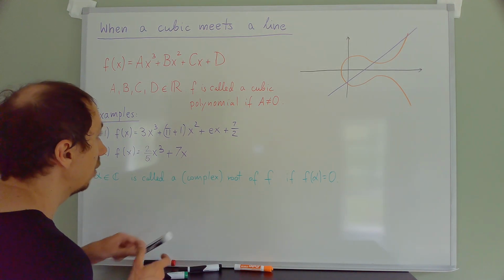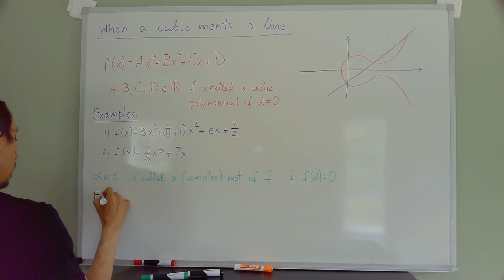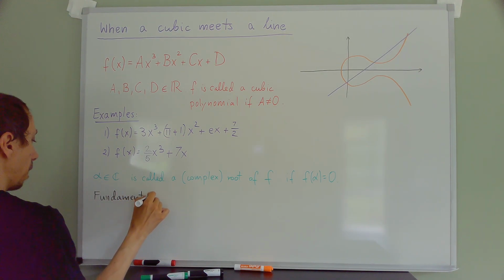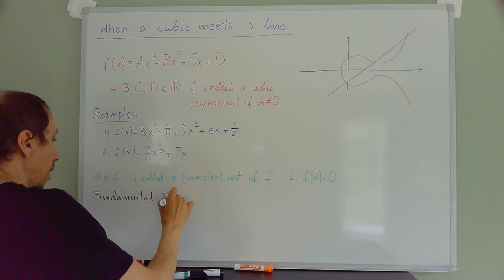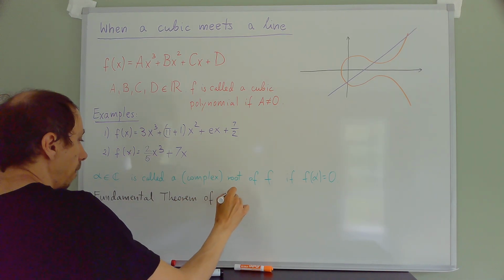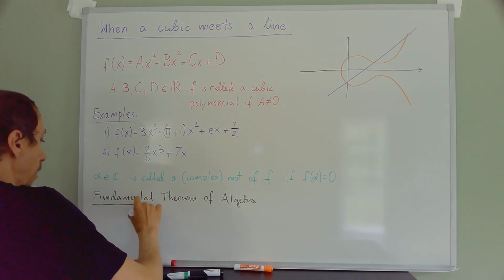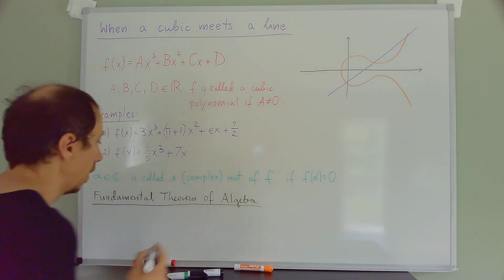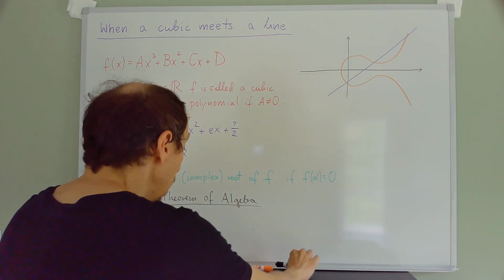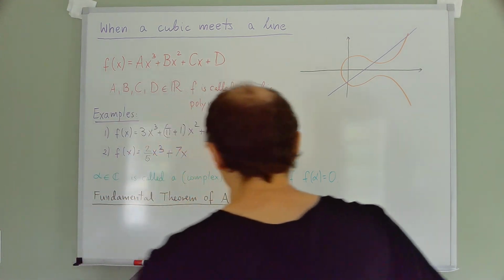So let's first write down the statement here. This is called the fundamental theorem of algebra. This is not an easy result. It was what Gauss got his PhD for, proving this theorem.